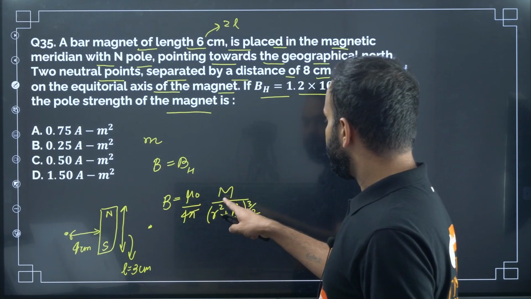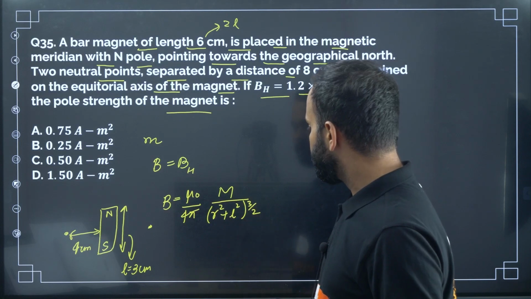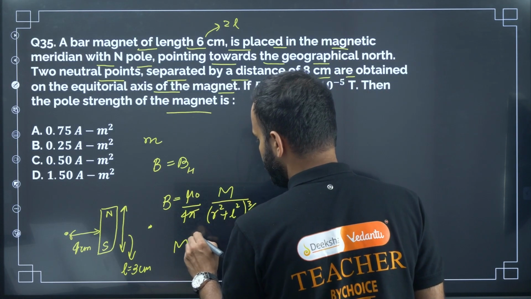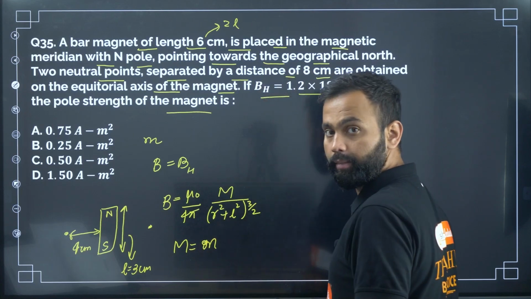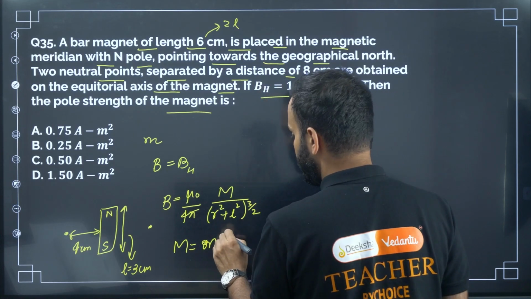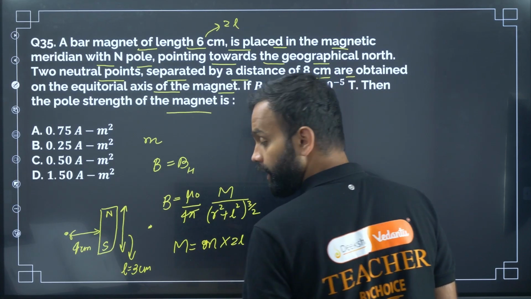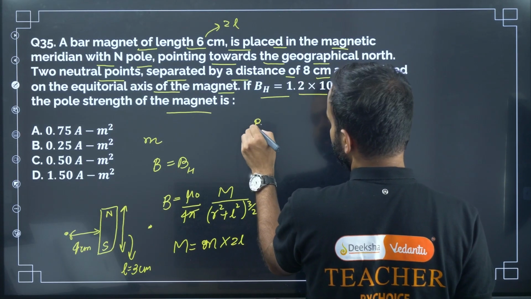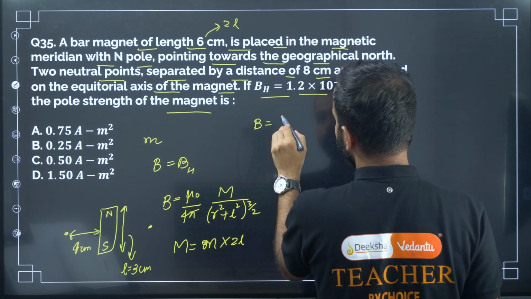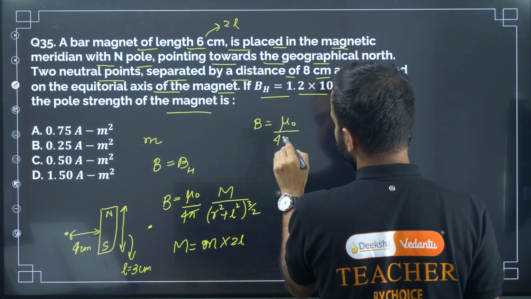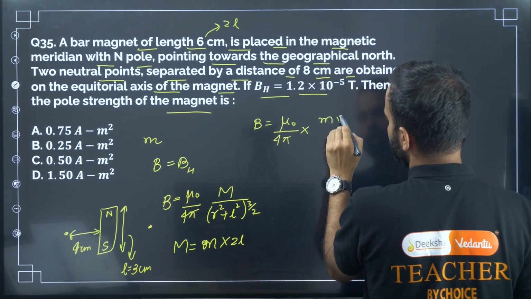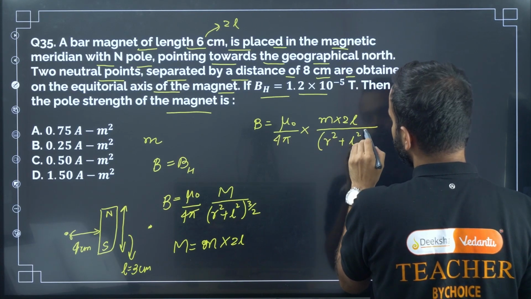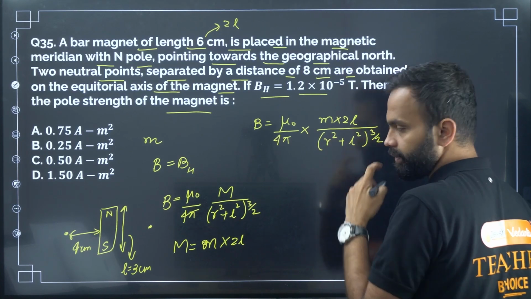So B equal to mu naught divided by 4 pi into m divided by r square plus L square to the power 3 by 2. Here m, that is the magnetic moment, is equal to the pole strength into 2L. So B equal to mu naught divided by 4 pi into m into 2L divided by r square plus L square to the power 3 by 2.